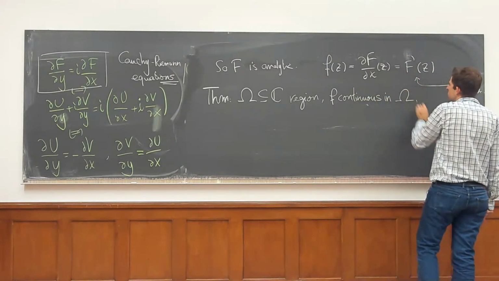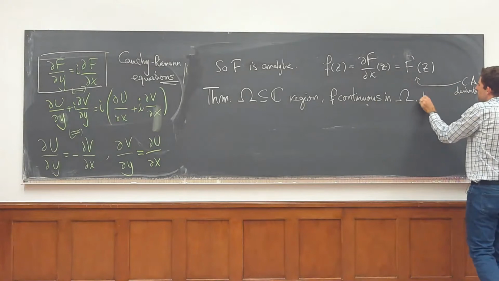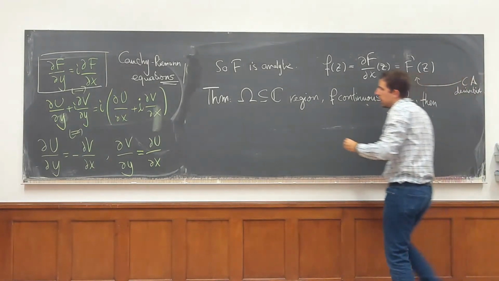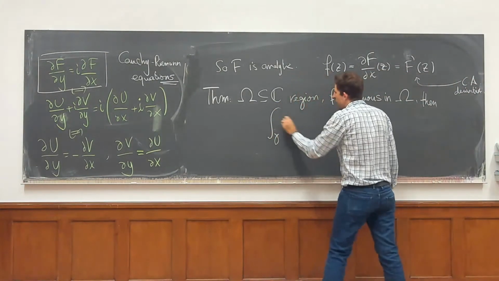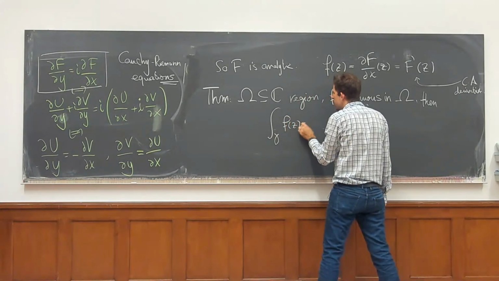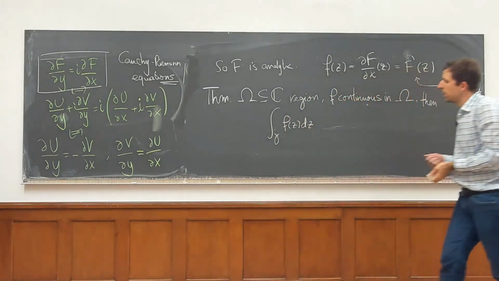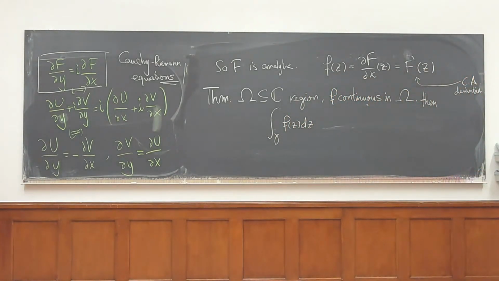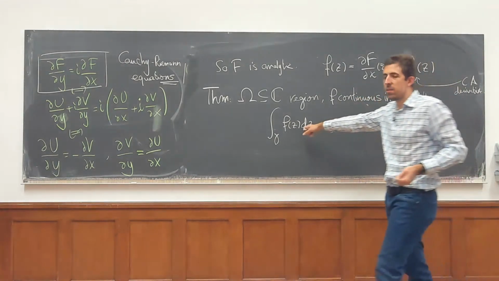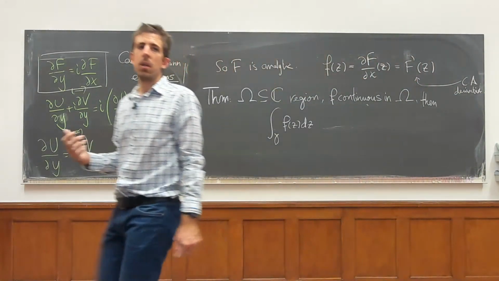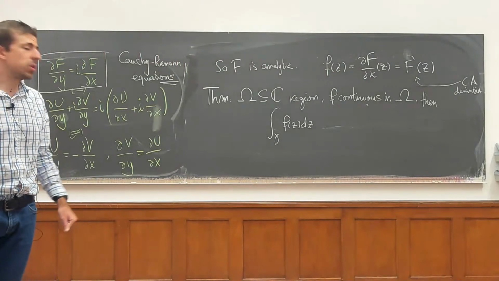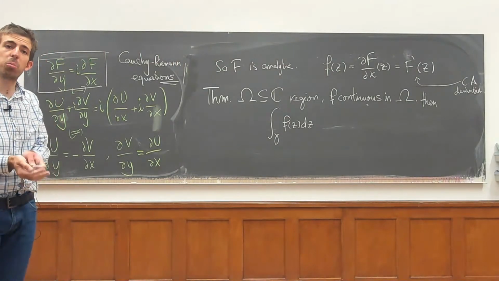Then the integral over a path of f(z) dz. We know that f(z) dz being an exact differential is equivalent to the integrals over paths depending only on the endpoints.